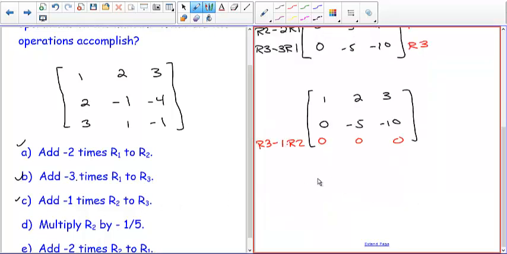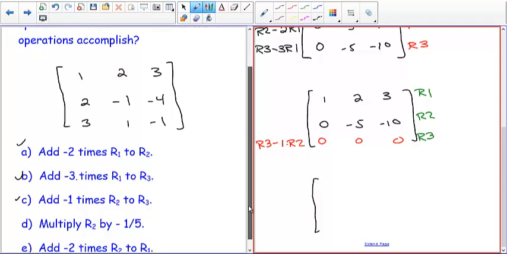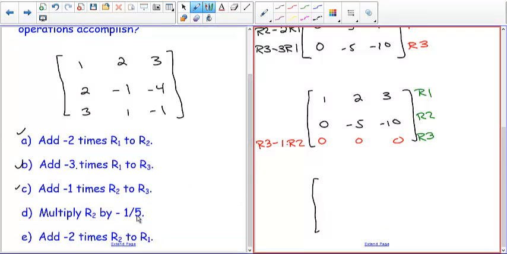Now the next step says, now with that we've rewritten it. This is R1, this is R2, this is R3. So what we're going to do is multiply R2 by negative 1/5. The first and the last rows are the same.